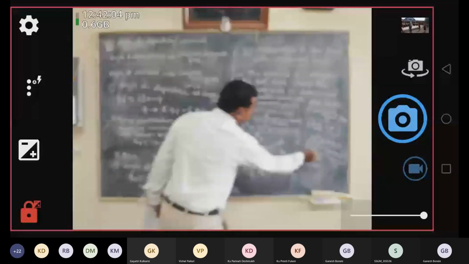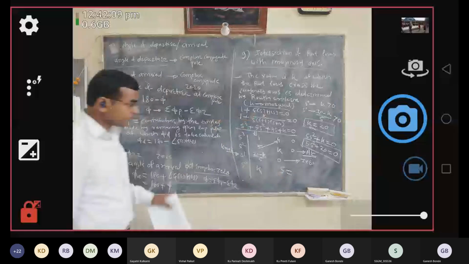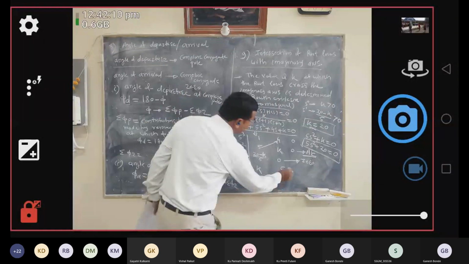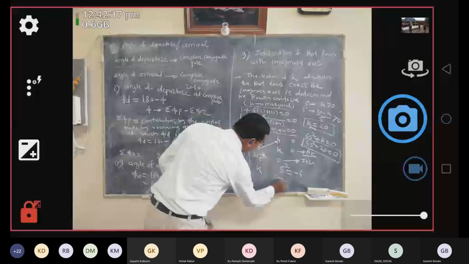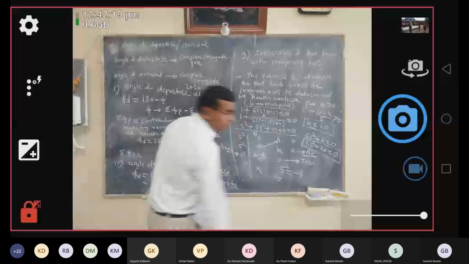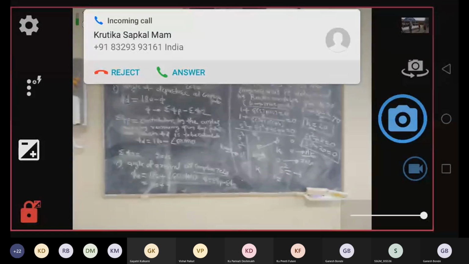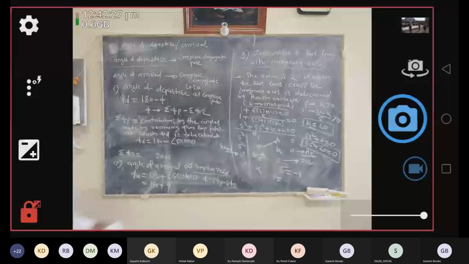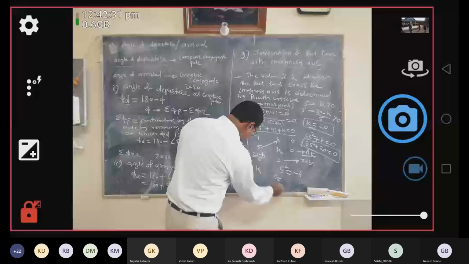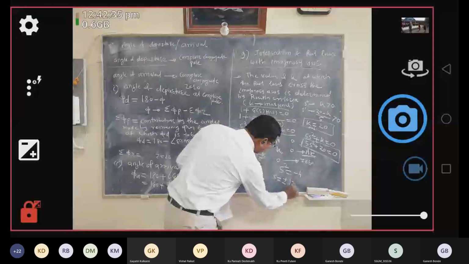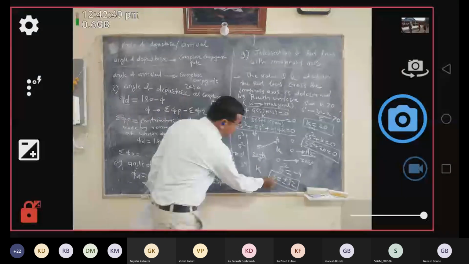You will get s squared is equal to -4, so s is equal to plus minus j2.